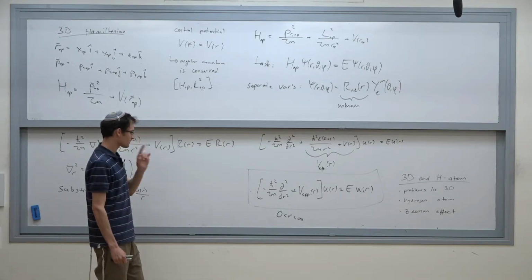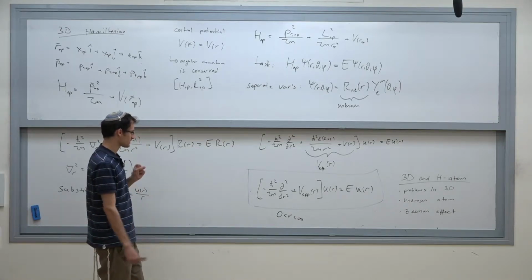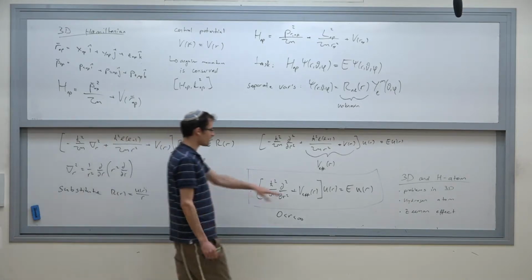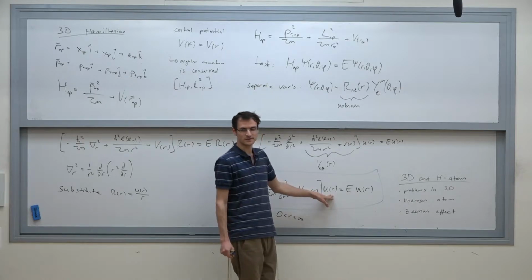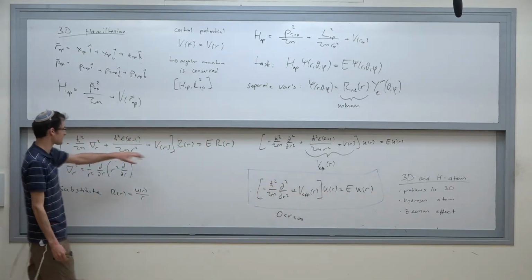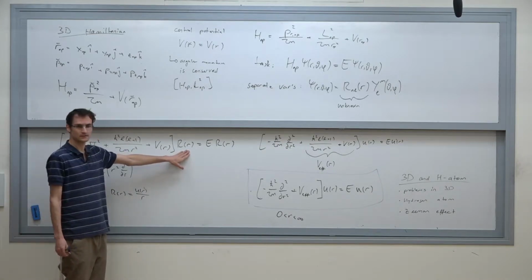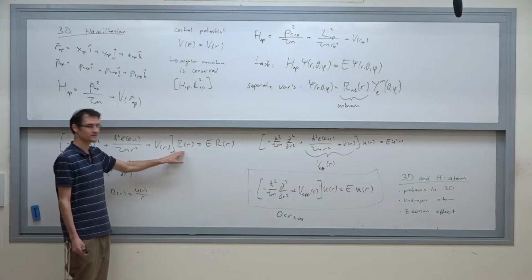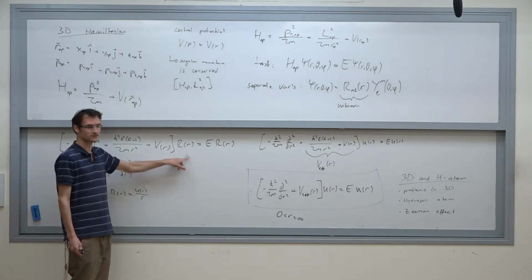And one last thing, and I'm going to stress this point as we solve questions again. Remember that U of R is not the physical wave function. The physical wave function is this thing, the capital R. So physical boundary conditions must be imposed on this function. This cannot diverge, for instance.